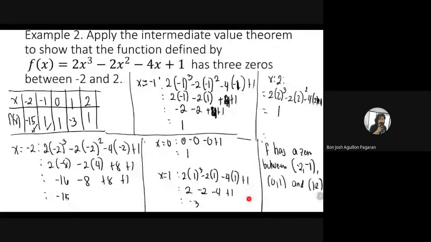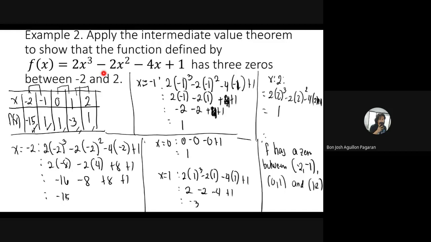Ito naman from positive tapos negative. Tapos from negative tapos positive. Kaya meron siyang tatlong zero. Una, sa pagitan ng negative 2 and negative 1. The second one is in between 0 and 1. And the third one is from 1 and 2. Clear?